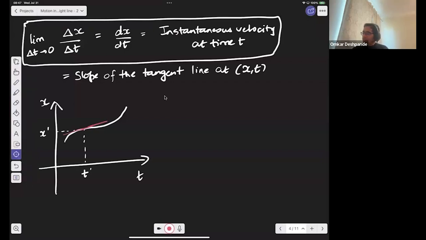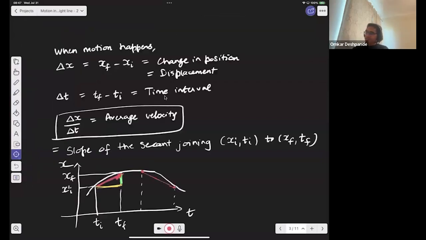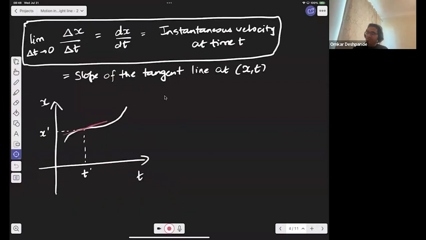Because what we do is we imagine taking the end point of that time interval and bringing it closer and closer to the initial time instant. So we reduce this, and as we reduce this, the average velocity is going to approach the instantaneous velocity, or this secant line is going to get closer and closer and approach the tangent line at that time.